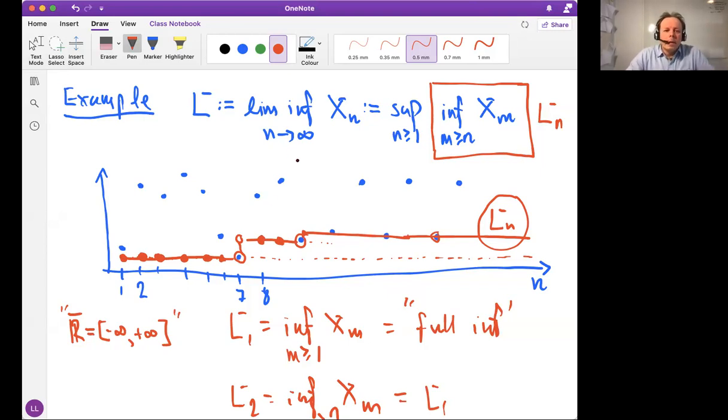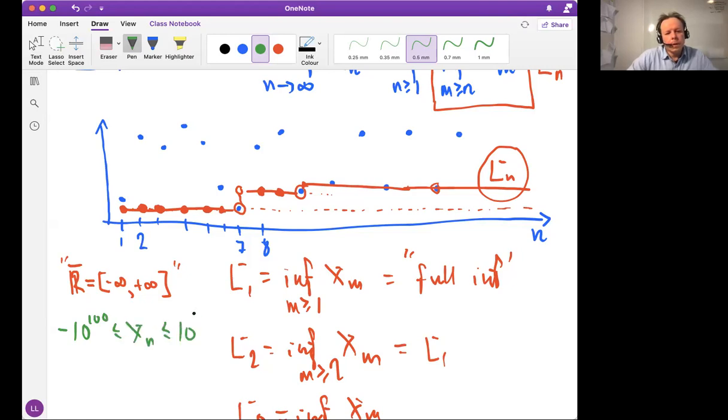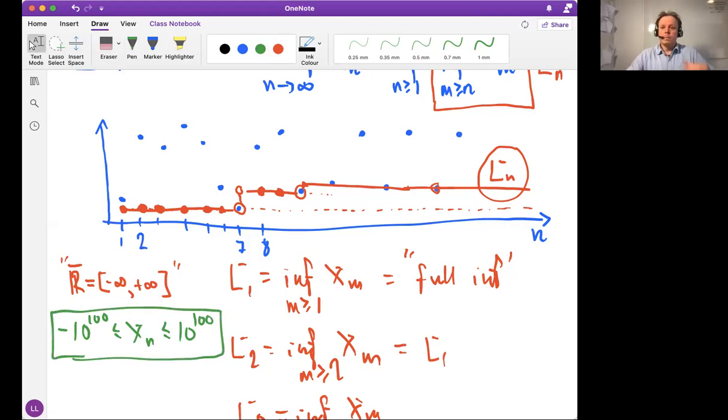If this feels a little bit confusing, then what I recommend for this lecture is that we assume that these random variables Xn are bigger than minus 10 to the 100, and they are less than 10 to the 100. If you make this assumption, your practical applications wouldn't be hurt.